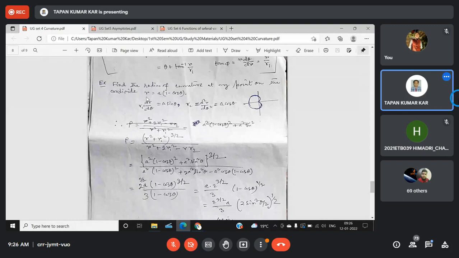So, if you remember the polar formula for radius of curvature, then this is the formula and you have to use the polar form. In some cases, you may convert the problem to Cartesian form, then you can use the Cartesian formula also.